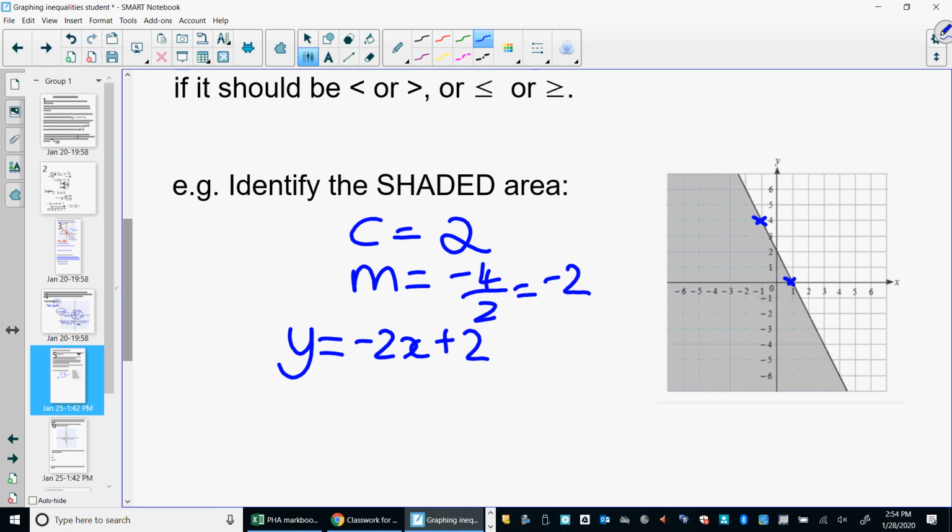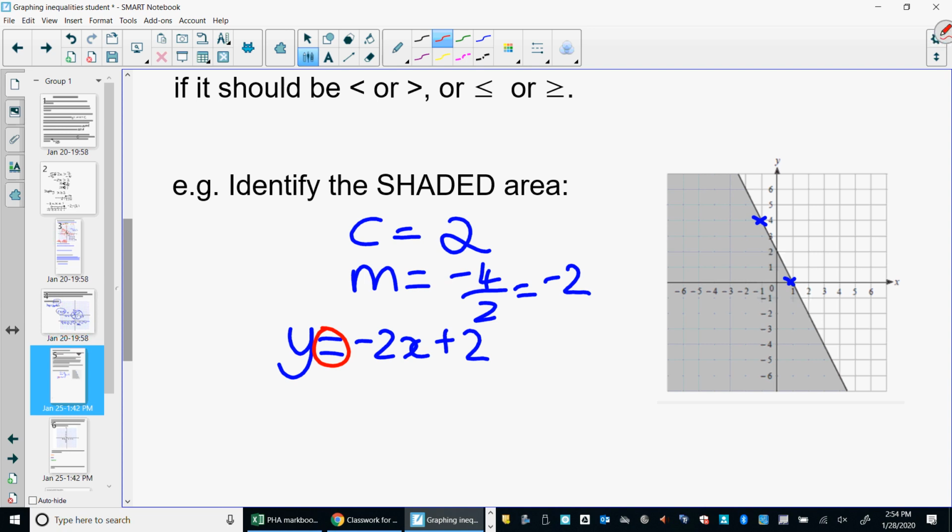Now I need to decide what sign this should be. They want me to identify the shaded area, so I need to pick a point on the shaded side, and I'm going to establish what sign would make that true.